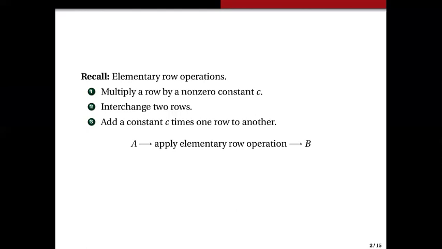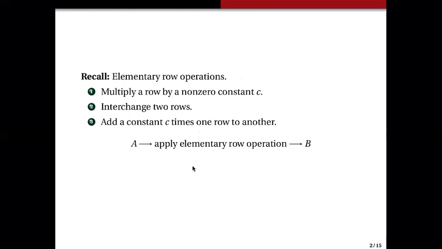Or if you multiply a row by one, you won't change the matrix. We can just skip those operations. So here, we are assuming that we apply an elementary row operation such that our matrix will change.